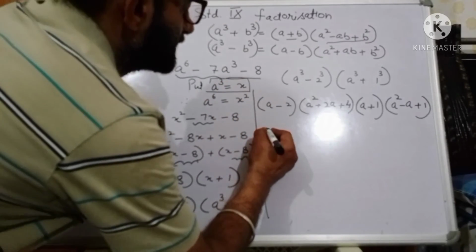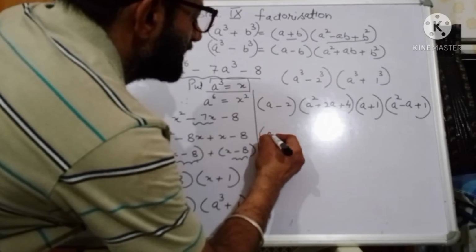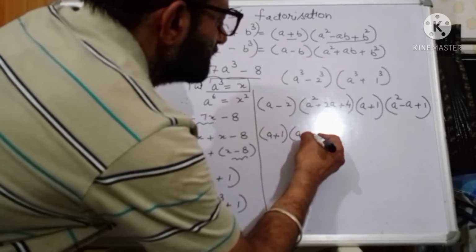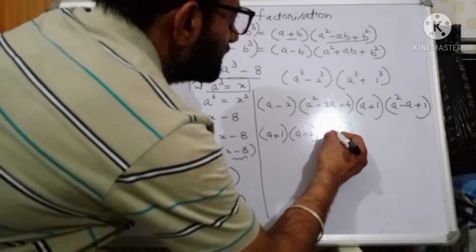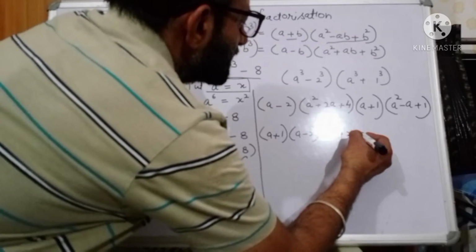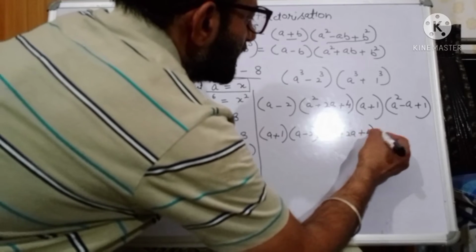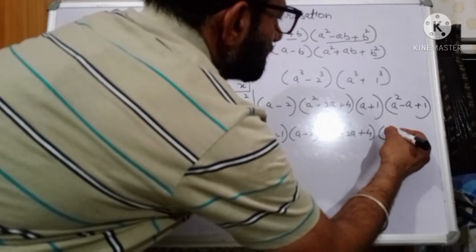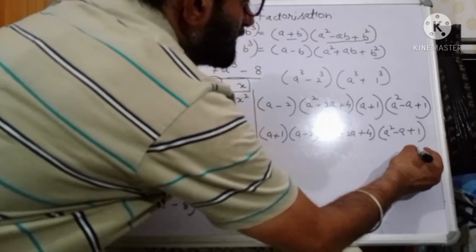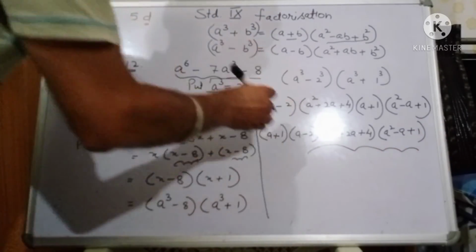We will write the factors in the proper order: a plus 1 into a minus 2 into a square plus 2a plus 4 into a square minus a plus 1. So these are the factors of this polynomial.